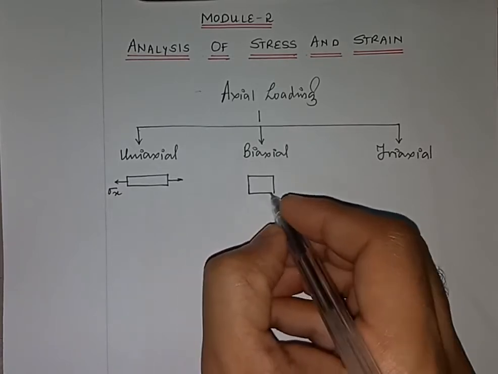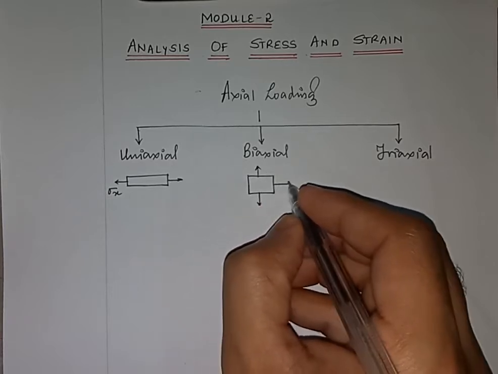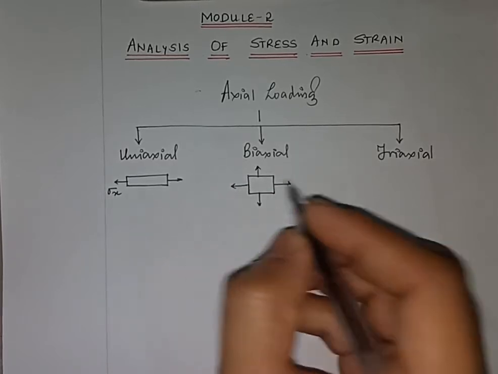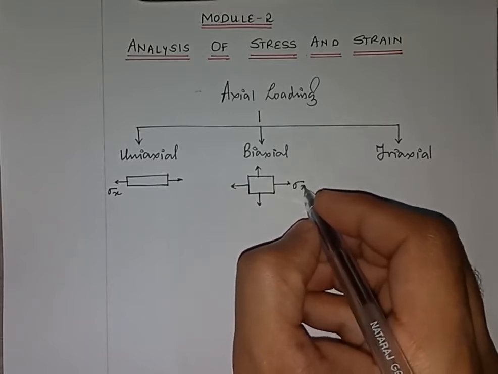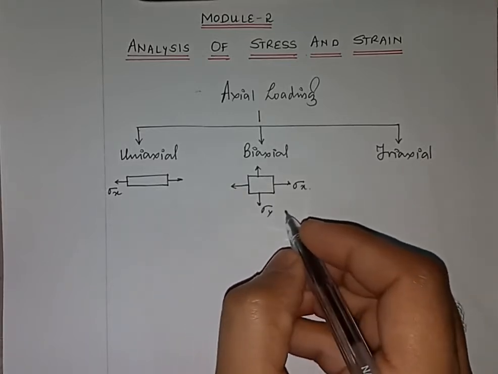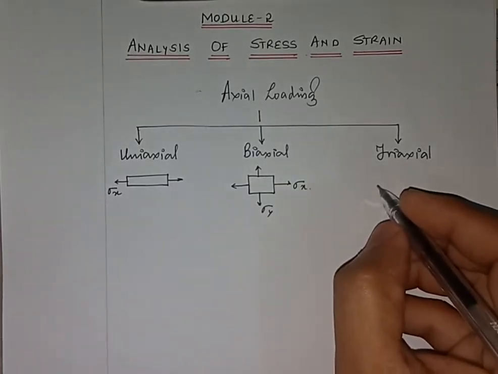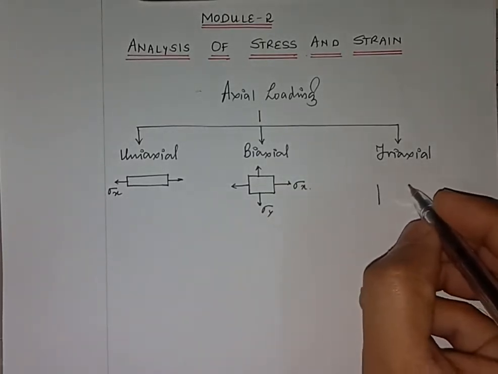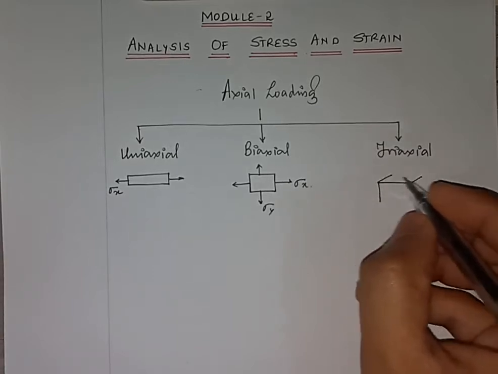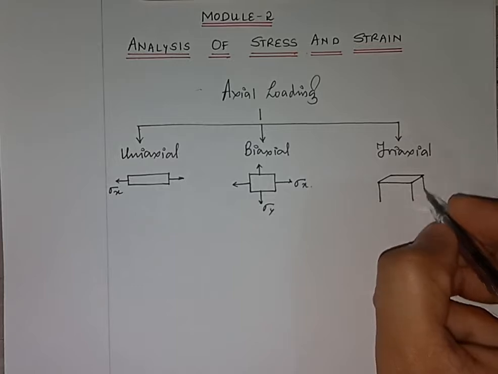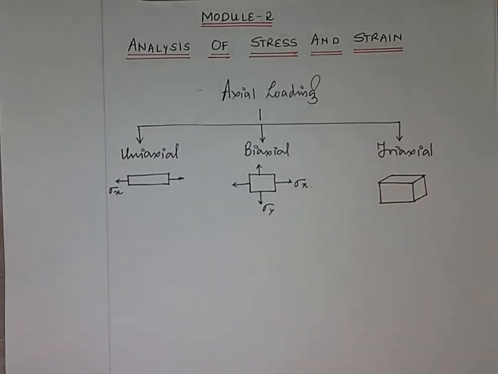Next, I'll take the case of bidirectional loading. In this case loading will be in two directions. Let me say it is sigma x and sigma y. Then in triaxial loading we need to consider a three-dimensional element, because we are having loading in three directions.